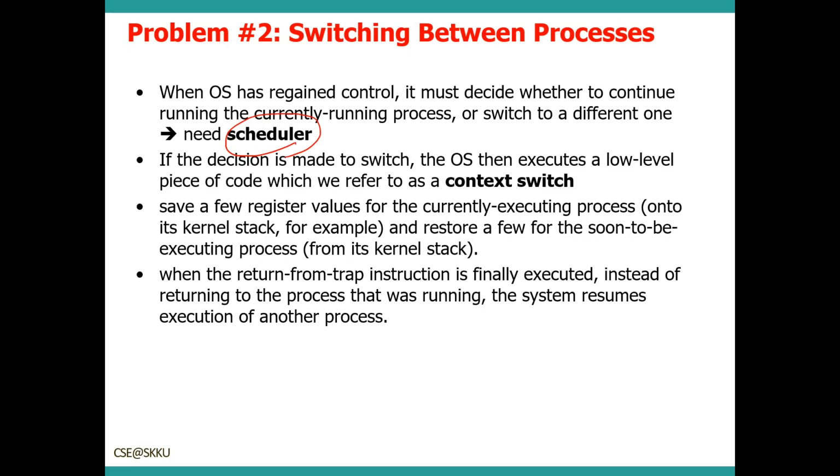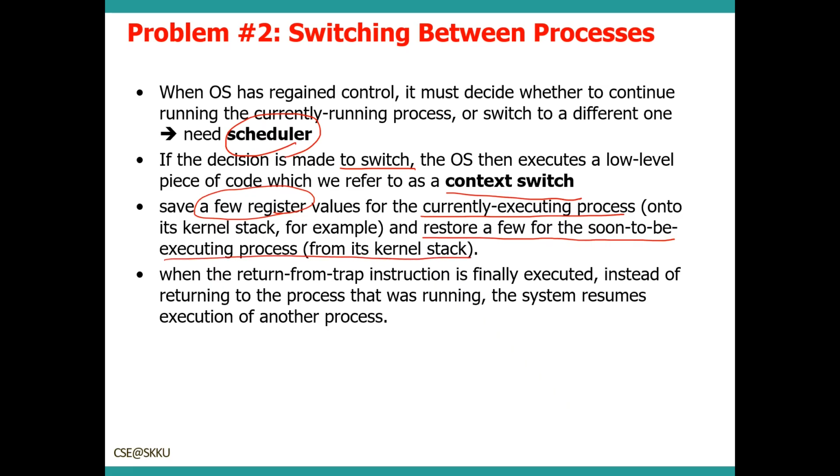If the decision is made to switch, then the OS executes a low-level piece of assembly code, which is referred to as a context switch. The OS has to save a few register values for the currently executing process onto its kernel stack, for example, and restore a few registers for the soon-to-be executing process from its kernel stack.